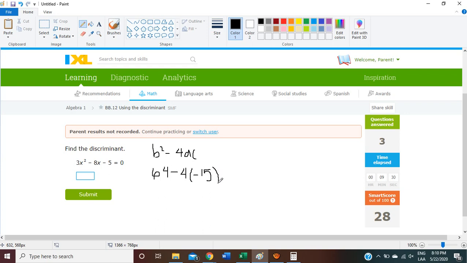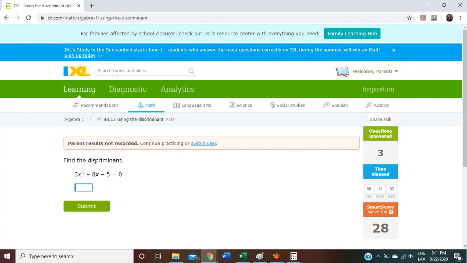So in this case it's 64, negative times negative equals positive, so it's an addition. 4 times 15 equals 60. This equals 124, which means this equation has two possible solutions. So the answer is 124.